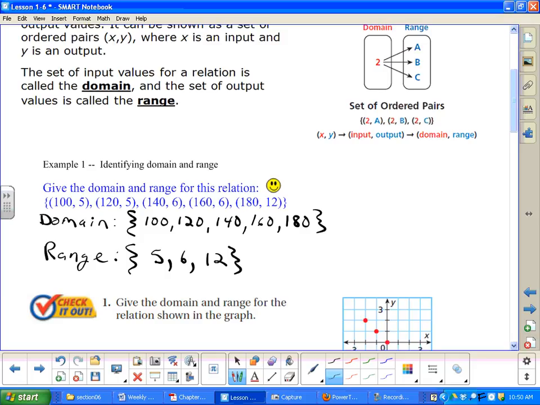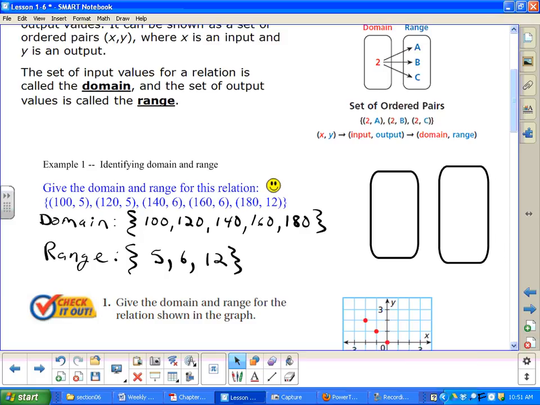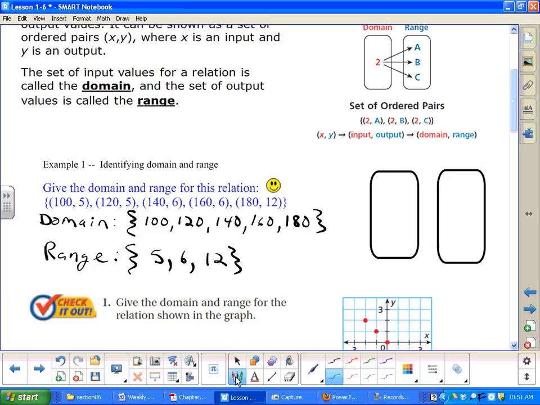Don't list them twice. Because if we did a map like they have up here, so if I did a map here, then we would list 100, 120, 140, 160, and 180.